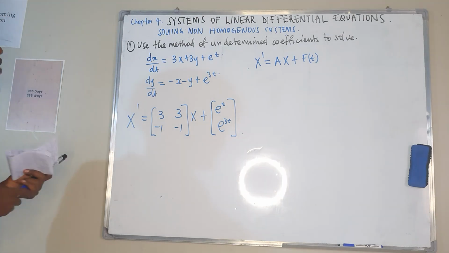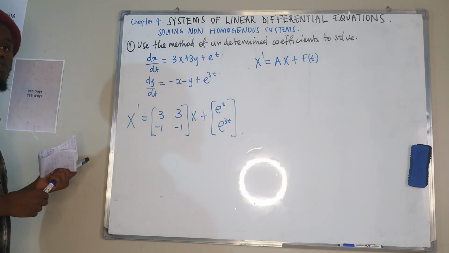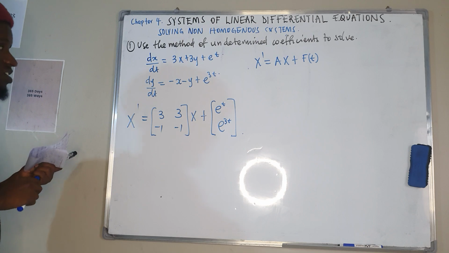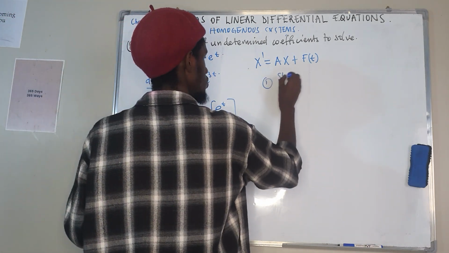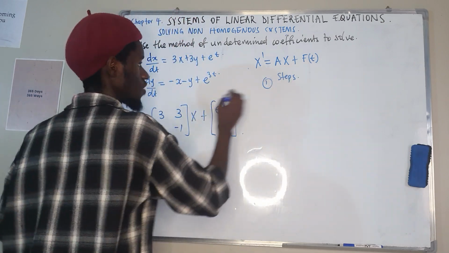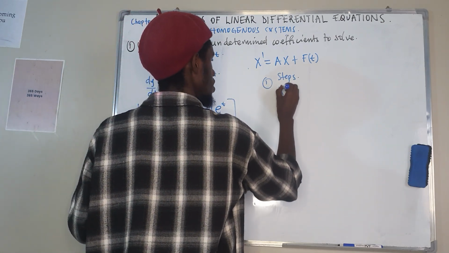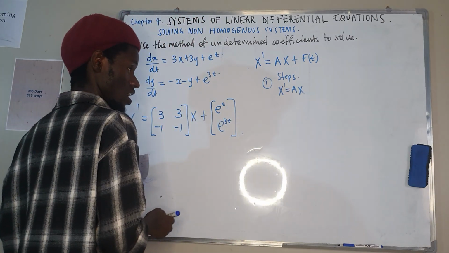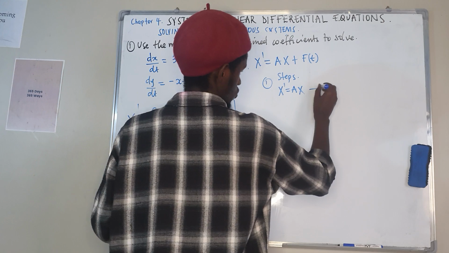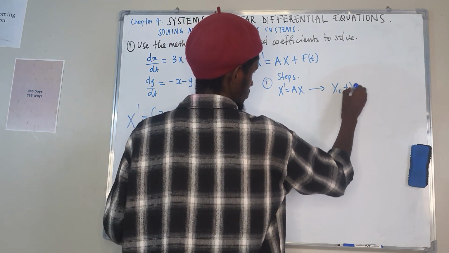As we say, when we are using the method of undetermined coefficients, we use 3 steps. The first step is for us to solve this homogeneous system, x prime equals Ax, for us to get the complementary solution, xc of t.